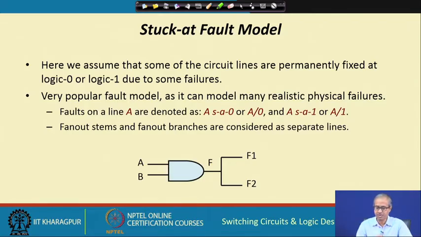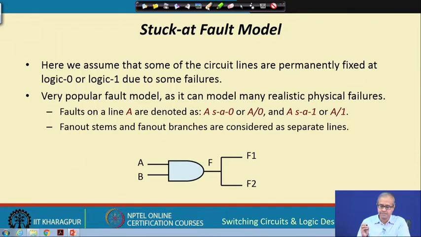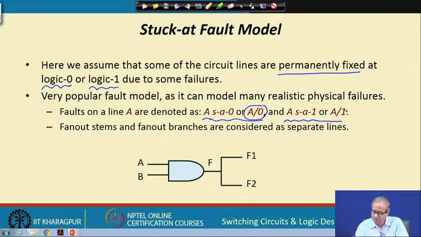In the stuck-at fault model, the basic assumption is like this: we assume that because of failures or faults, some of the circuit lines are permanently fixed at either logic 1 or logic 0, and we call them stuck-at 0 or stuck-at 1 faults. The faults are denoted like this: A stuck-at 0, SA 0, or in short we can also write A/0, or A stuck-at 1, or in short I can write A/1. Okay.